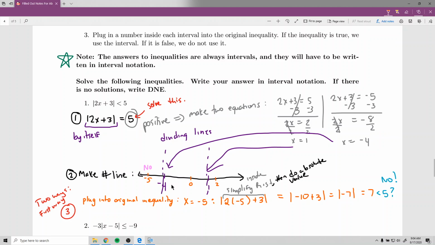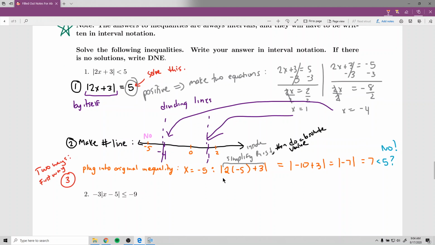And now I'm going to plug in 0 and 2 and do the same thing. So plug in x equals 0. To the left side here, we get 2 times 0 plus 3. 2 times 0 is 0, plus 3. Remember, do not ever split up the absolute value. You must get the inside to be one number. And 0 plus 3 is 3.